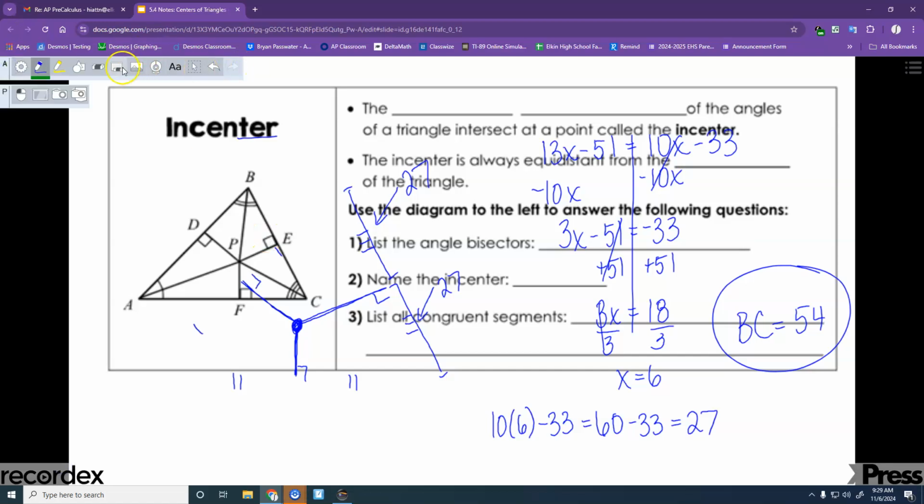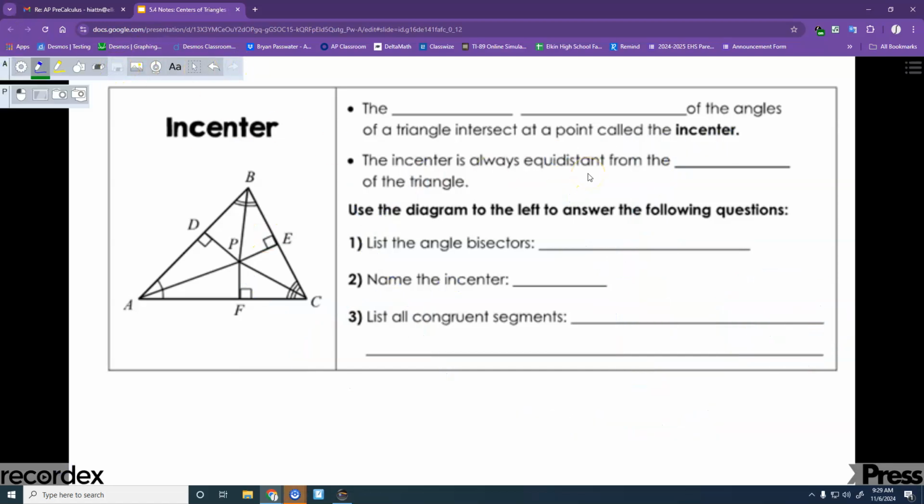Okay, our next one is our in-center. The angle bisectors of the angles of a triangle intersect at a point called the in-center.